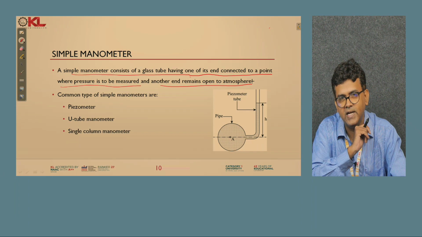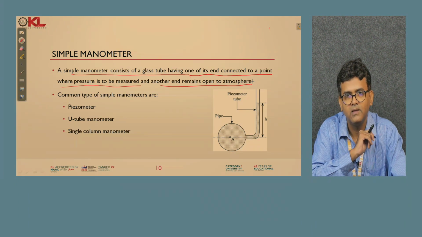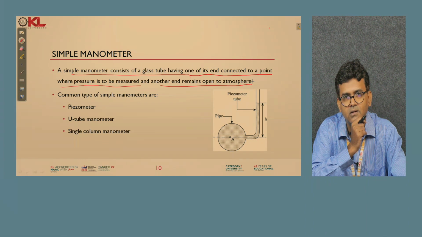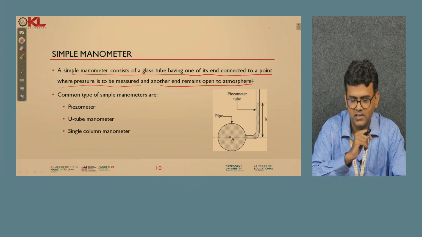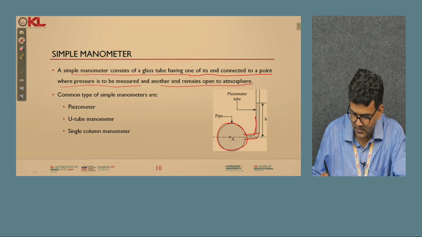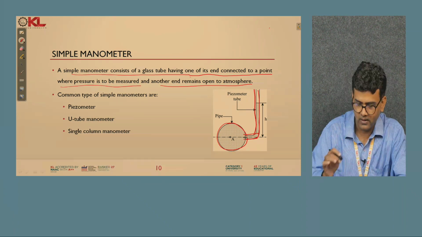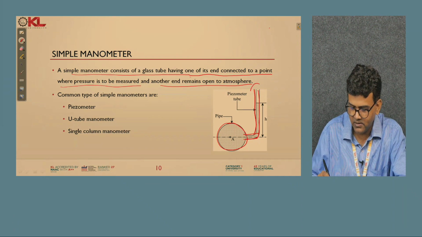It is having two ends. See, a glass tube is there with two ends. One is connected to the point where the pressure has to be measured. You can see, this is the pipe, and the manometer is connected to this pipe. So this manometer has two ends.